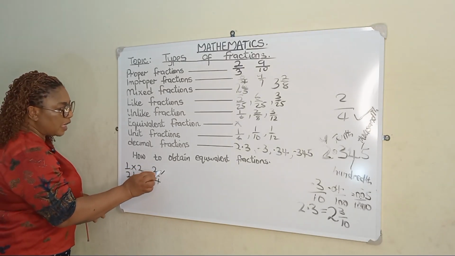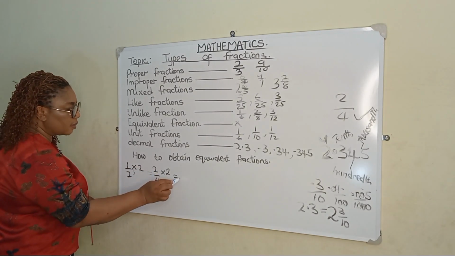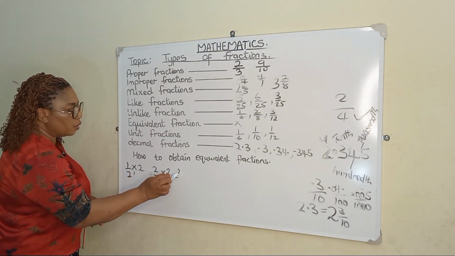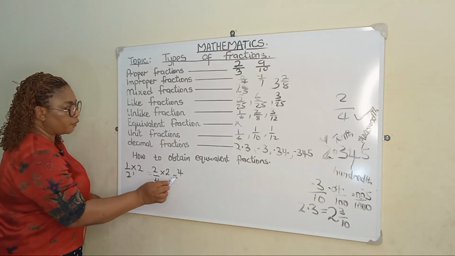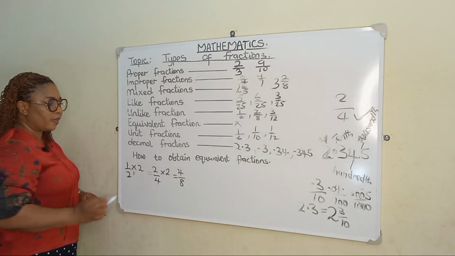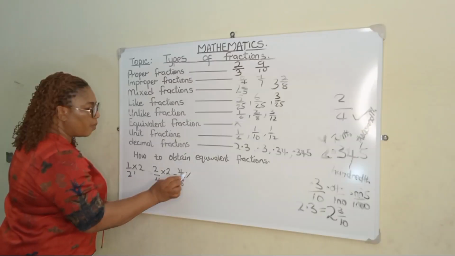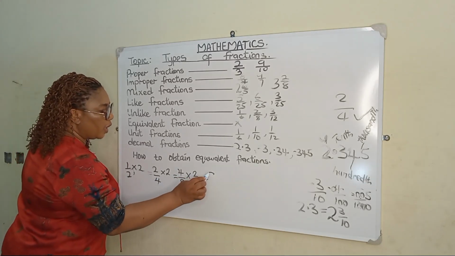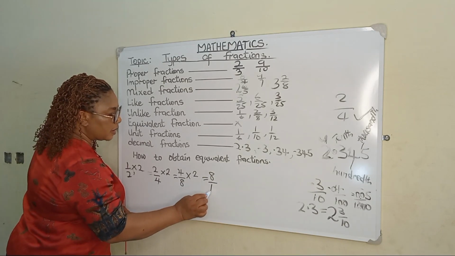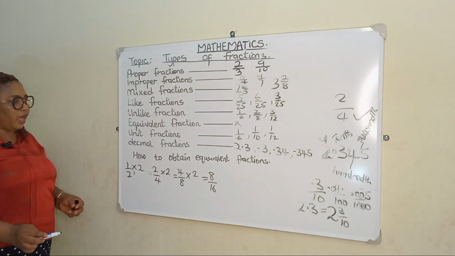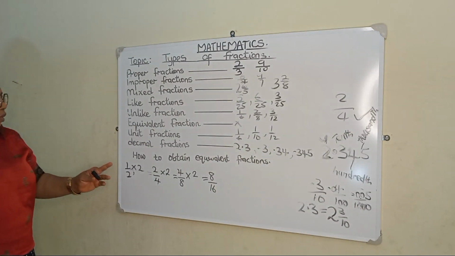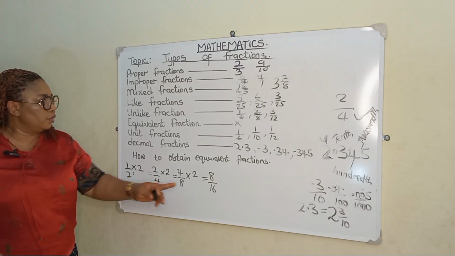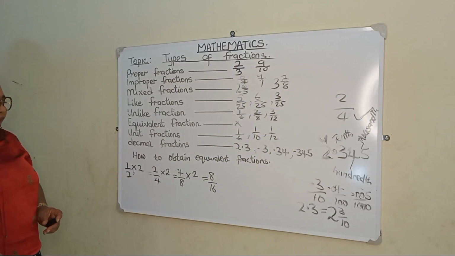I multiply with that number again. 2 times 2, 4. 2 times 4, 8. I multiply with that number again. 2 times 4, 8. 2 times 8, 16. Okay? I've gotten 1, 2, 3 equivalent fractions.